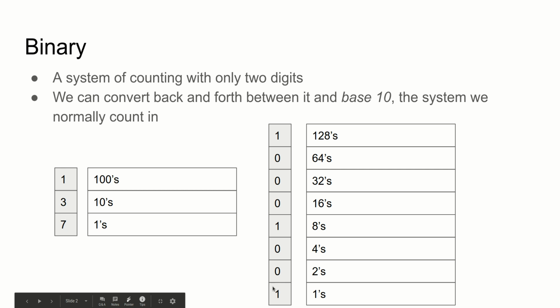And so I don't have to add up all the rest to know this is going to be an odd number because all the other powers of 2 are even. And so the only way for a number to become odd is for the ones place to be on. If the ones place were 0, I would know that this is an even number.